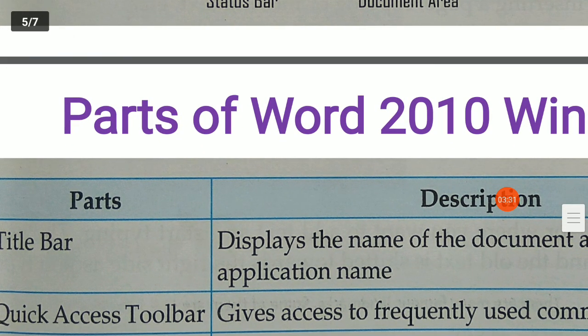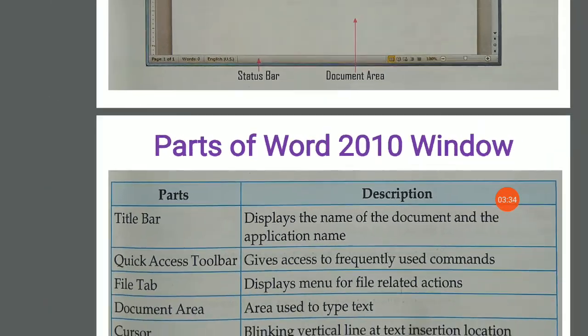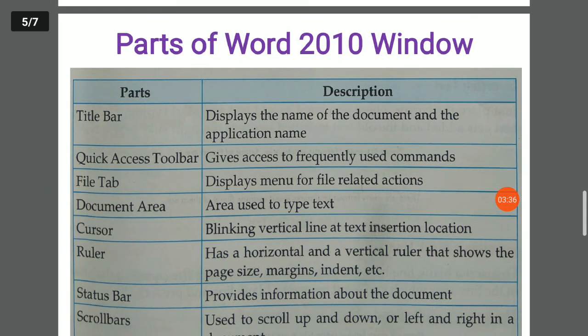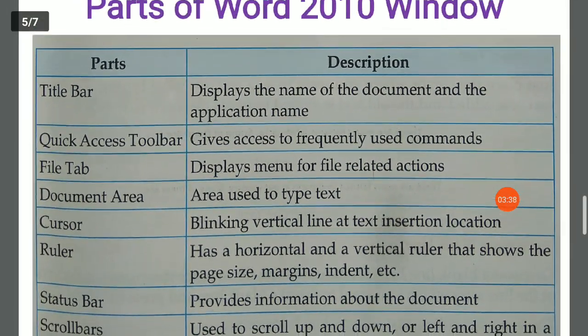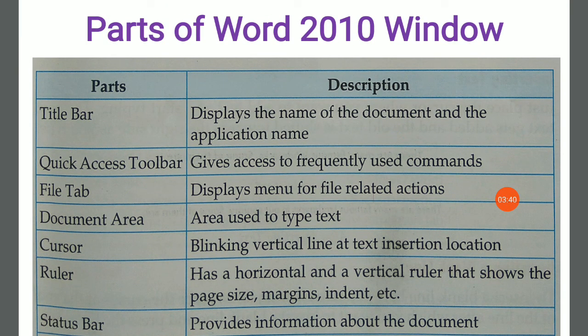Parts of Word 2010 window. First part, title bar. Title bar displays the name of the document and the application name. Quick access toolbar.